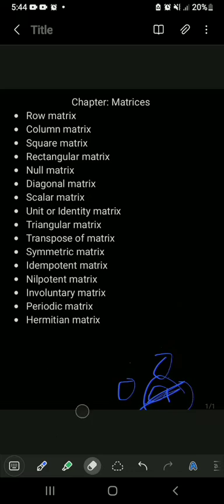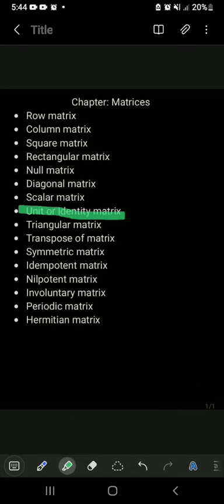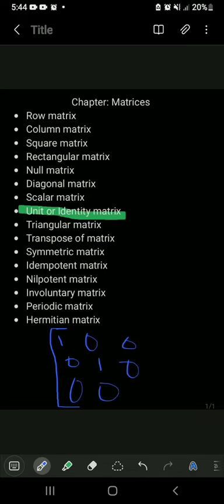Now we discuss the unit or identity matrix. What's the difference between unit and identity? Nothing, they mean the same. Unit and identity are types of diagonal matrix in which the diagonal elements are always 1.